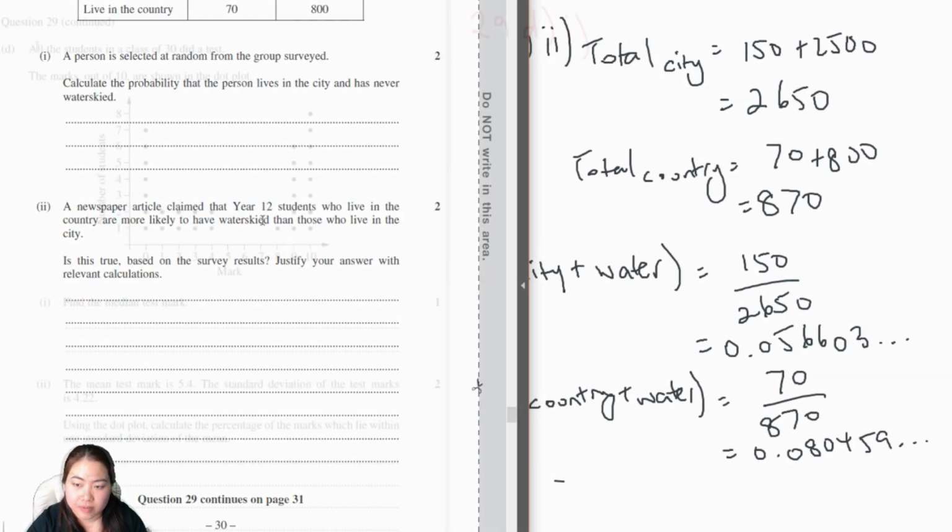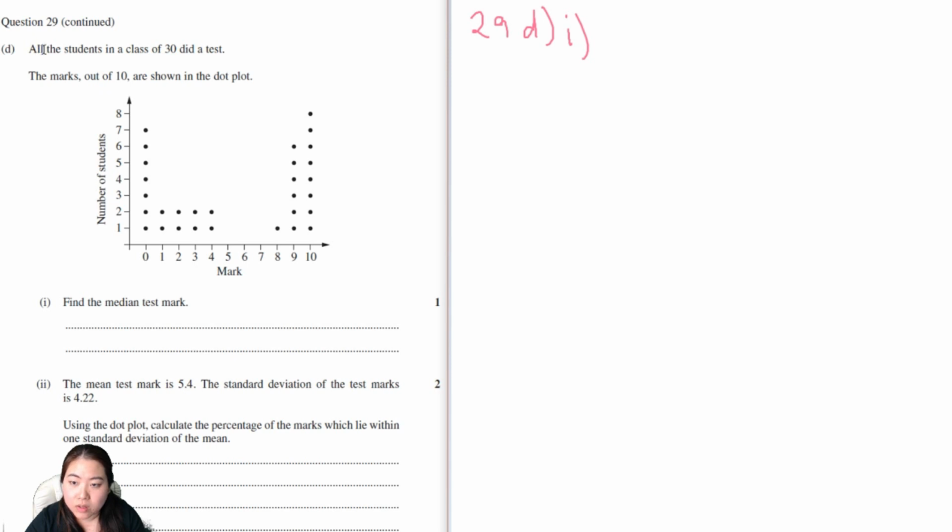Next question. 29D. All of the students in a class of 30 did a test. The marks out of 10 are shown in the dot plot. Find the median test mark for 1 mark. The median would be the middle of those marks, so it would be between the 15th and the 16th mark.